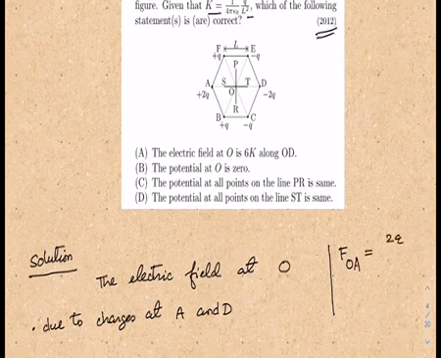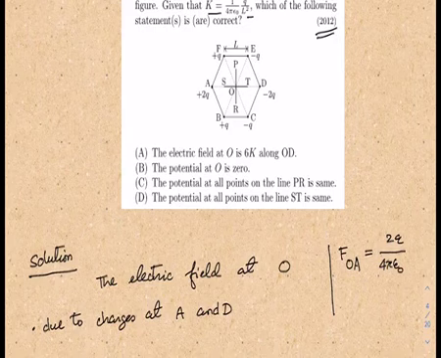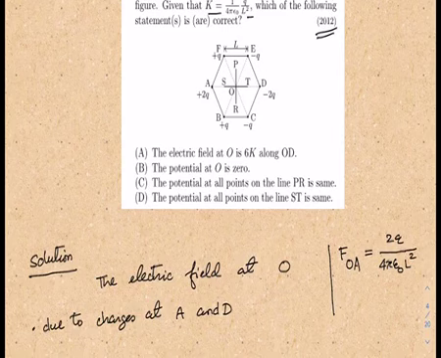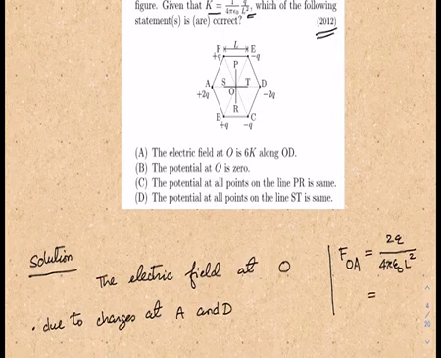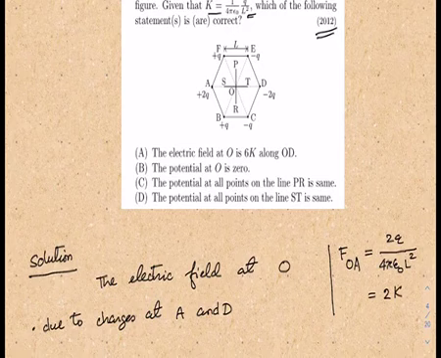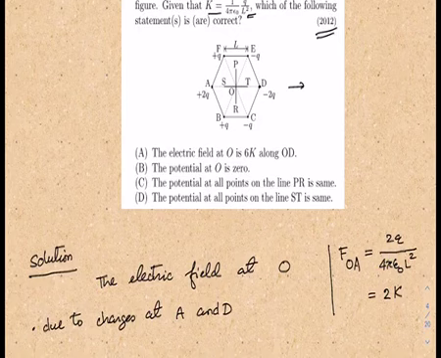2q, I'm writing the magnitude first, 2q divided by 4 pi epsilon 0, the distance is L, right? So it is 2q by 4 pi epsilon naught L square. Now if I go by the symbol here, q by 4 pi epsilon 0 L square is denoted by the symbol k. So in that short notation I can write it as 2k. So this force at the point O would be along OD due to charge 2q. Similarly, the charge at D, minus 2q, is also along the same direction.